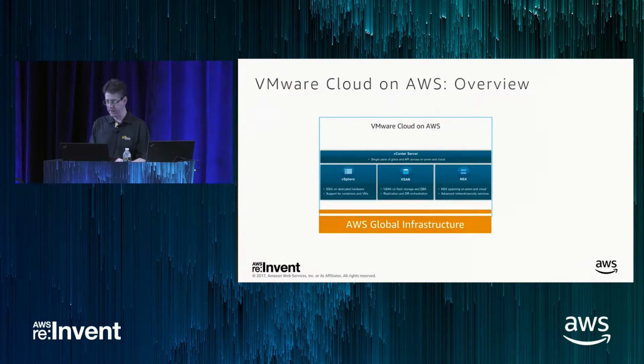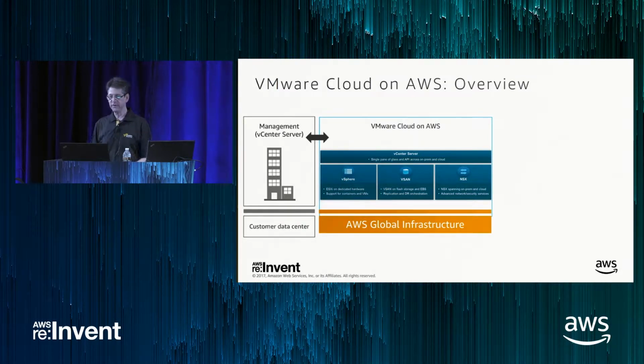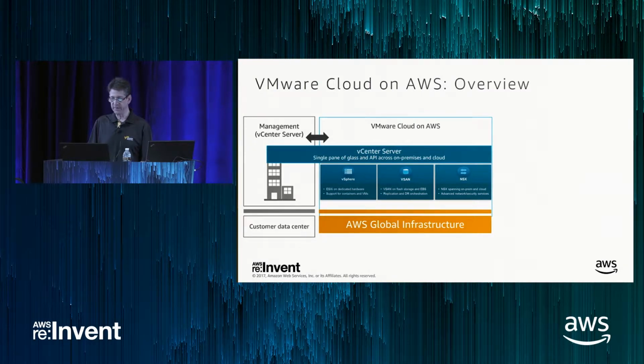Now, in the case of VMware Cloud, all of it runs on top of AWS Global Infrastructure. If you look on the left, this represents the customer data center, and I'll talk a bit about how we link to the customer data center. What's interesting about this architecture is that the customer data center and VMware Cloud on AWS are both managed by vCenter.